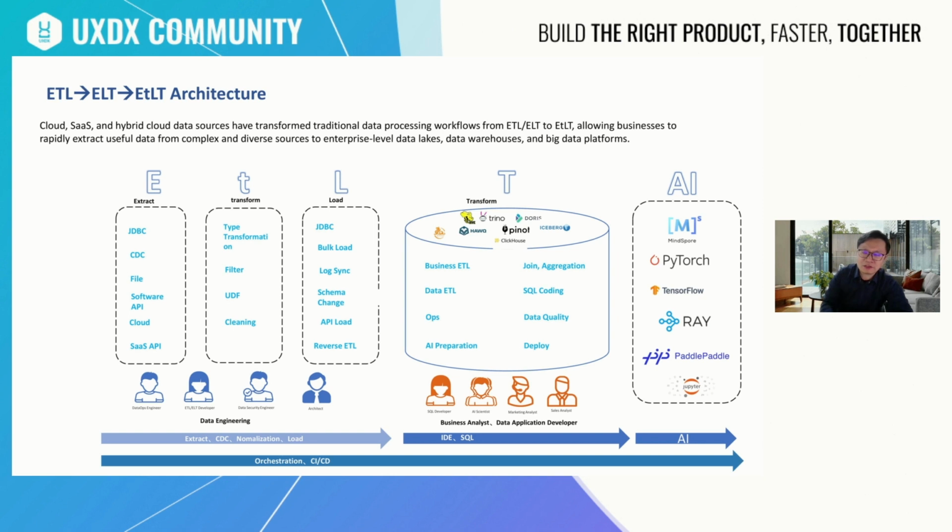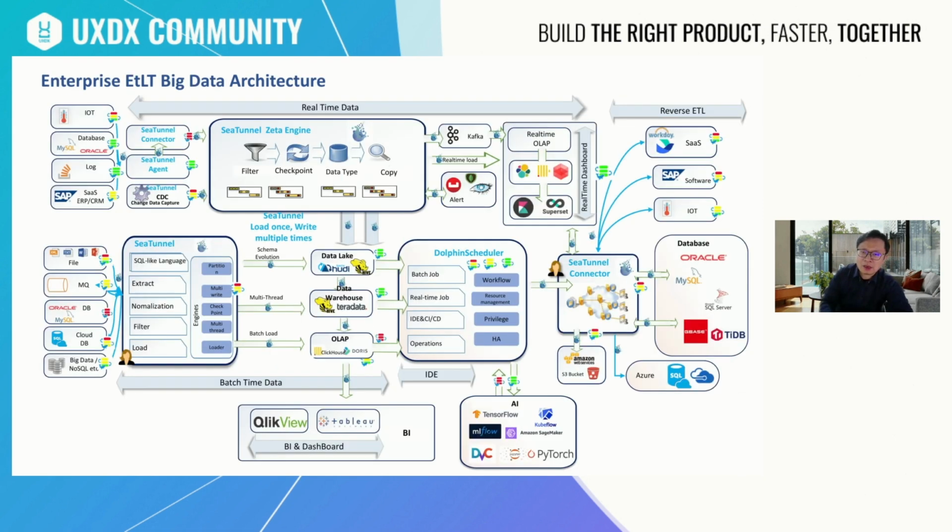And also some data scientists can use AI tools to do more advanced analysis algorithms. For a small company, you can use this big data architecture to build a very easy-to-use big data application.